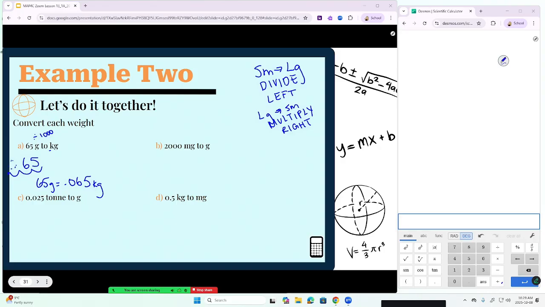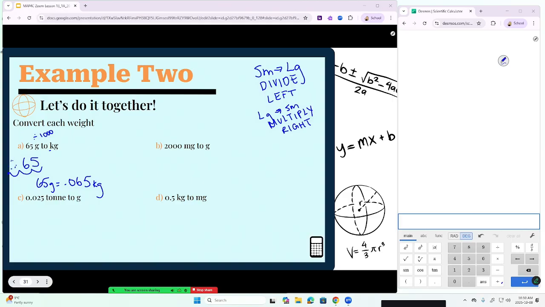Now the next one, 2,000 milligrams to grams. Milli also means 1,000. We can think of it as kilo, milli. A millipede has 1,000 legs. A centipede has 100 legs. So milli is also 1,000.